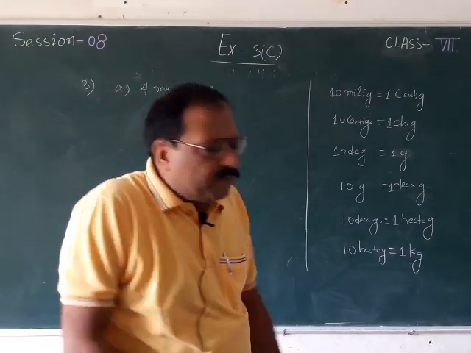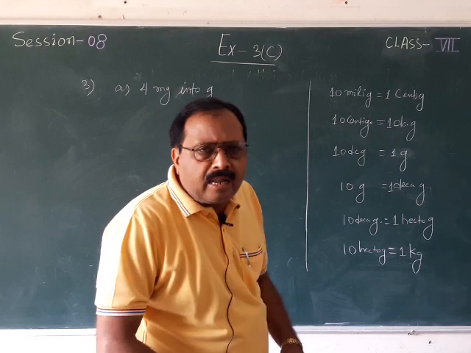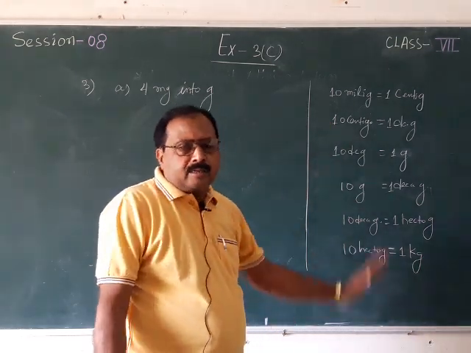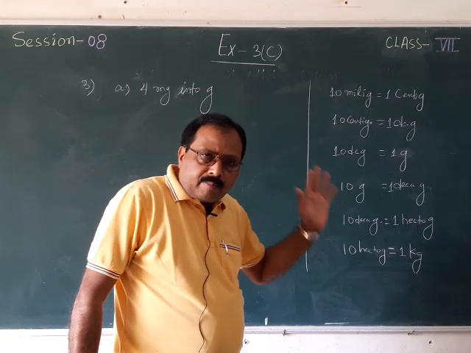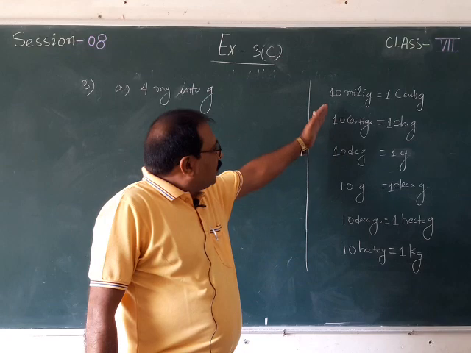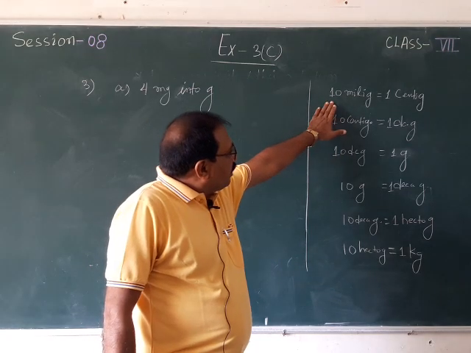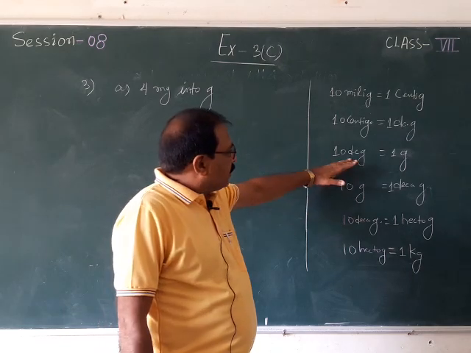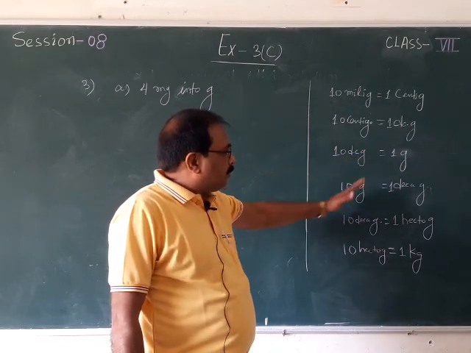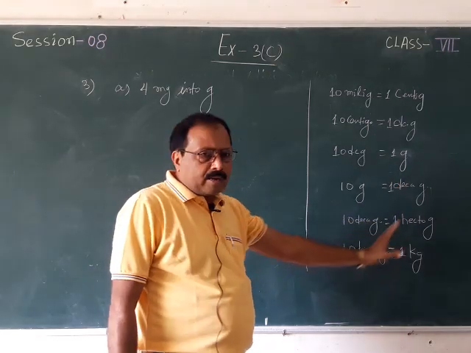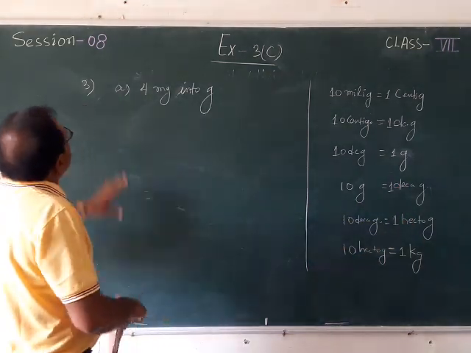This is the way we learn the relation among the units of length, weight and volume. So in gram, 10 milligram equal to 1 centigram, 10 centigram equal to 1 decigram, 10 decigram means 1 gram, 10 gram means 1 decagram, 10 decagram means 1 hectogram, and 10 hectogram means 1 kilogram.